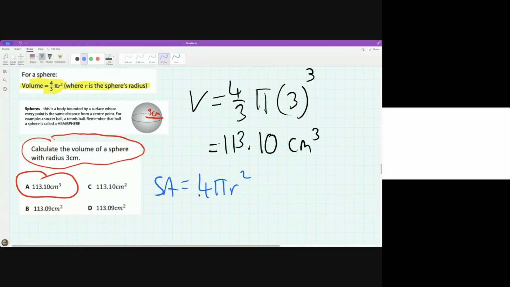Can you find me the surface area of this particular sphere where the radius is 3? So now I'm talking about the space on the outside. How much wrapping paper would I need to cover it? Can you work out the surface area for me?